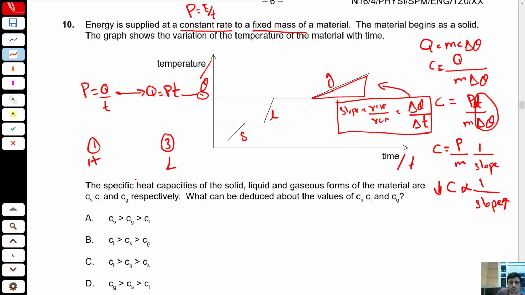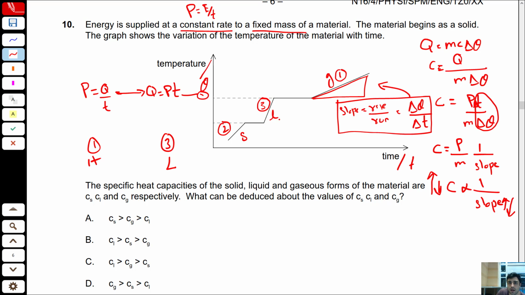Okay. So the highest specific heat capacity will be the one with the smallest slope, lowest slope, because they are inversely proportional. And the lowest slope is given to the gas. So the gas has, and then the second one is this, and then the third one is this, because you can see the liquid is the steepest, the slope is the steepest.